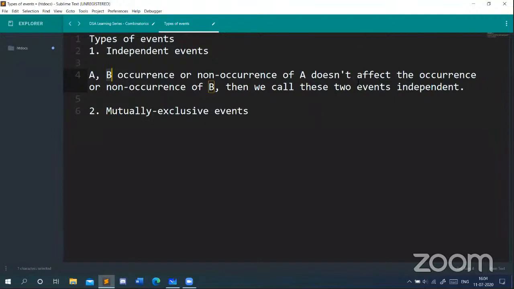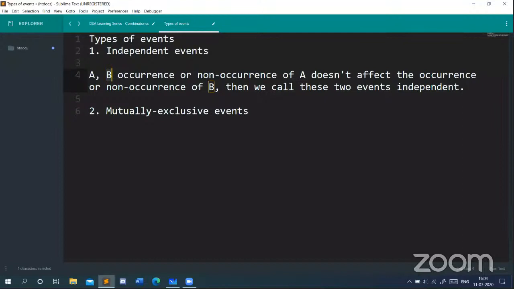Sticking to mathematical examples, rolling a die and tossing a coin are independent events, because whether or not I get a heads or a tail on a coin does not affect what number I'll get on the die.